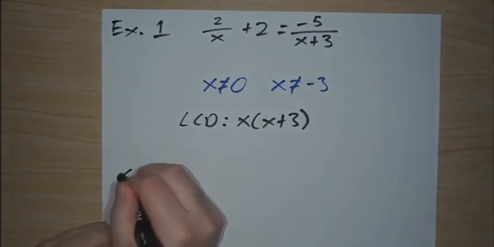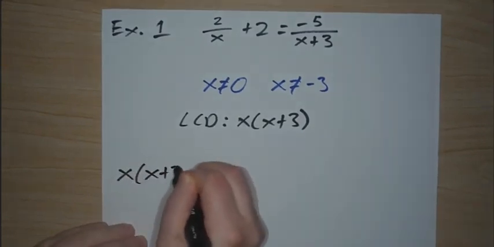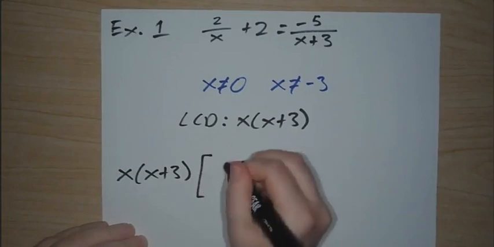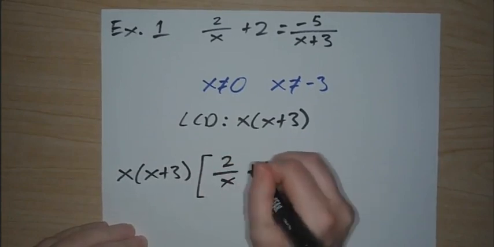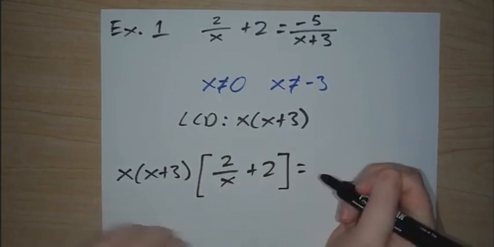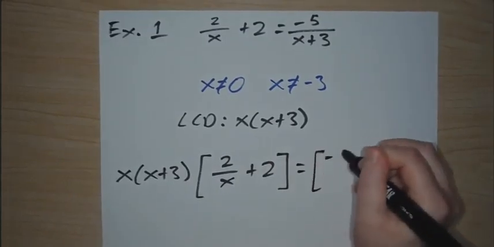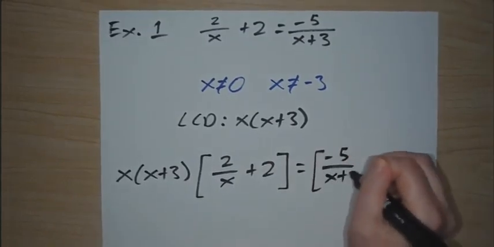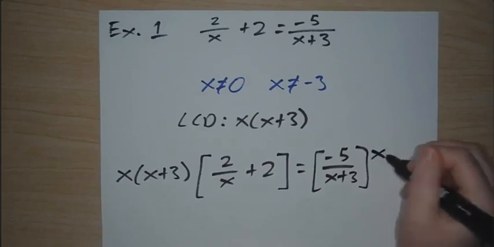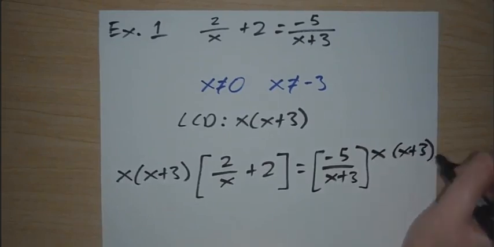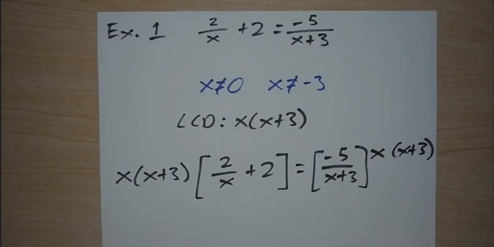So we have x times x plus 3 times 2 over x plus 2. And we have -5 over x plus 3 times x plus 3, such as that.